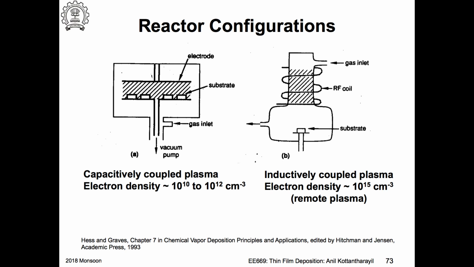So it's also sometimes called a high density plasma system, and sometimes also called remote plasma, because the plasma is created away from the substrate. The excitation is given here, but in the other case, the substrate is part of this process. You are applying a voltage to create the plasma at the substrate terminal.